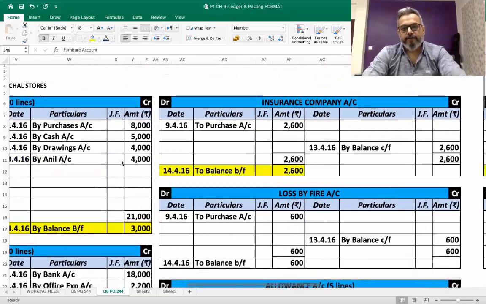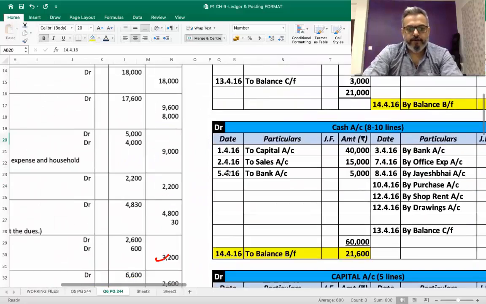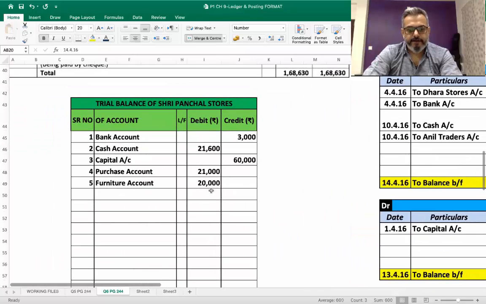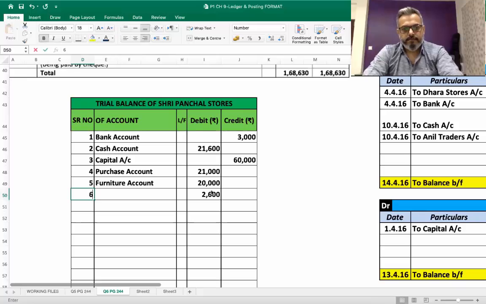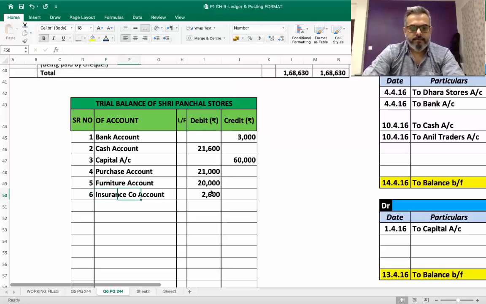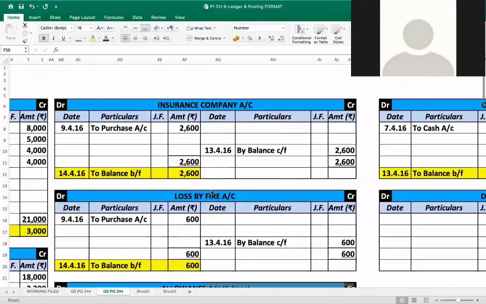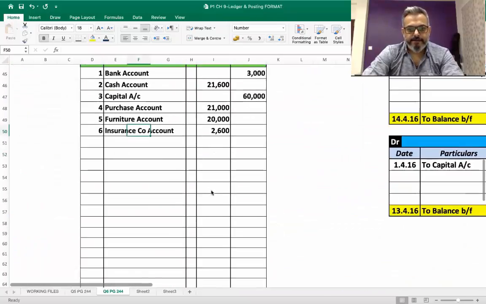Then insurance company 2,600. Then loss by fire 600 debit.